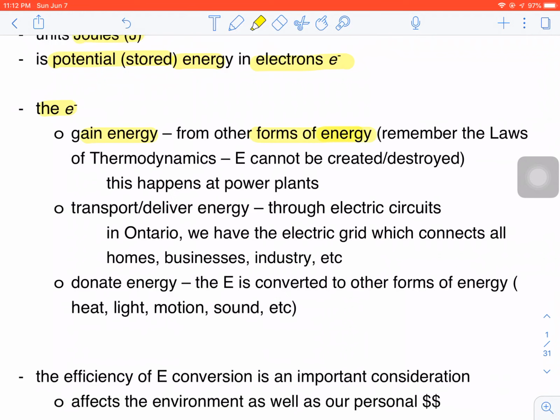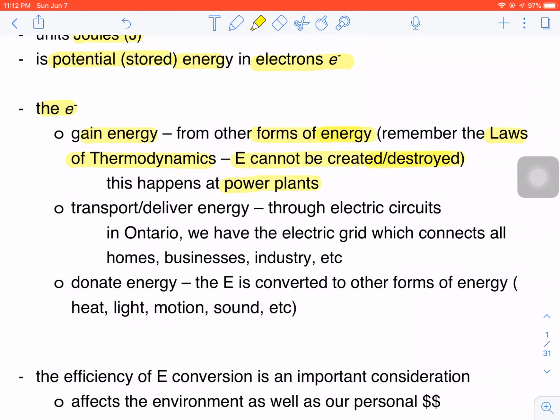We know that anytime energy leaves one form, it has to be converted into another form. Right, so energy cannot be created or destroyed. That's our first law of thermodynamics. And what happens is electrons will gain their energy from other forms of energy at some type of electricity generating station or a power plant.